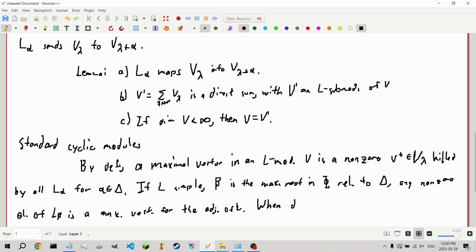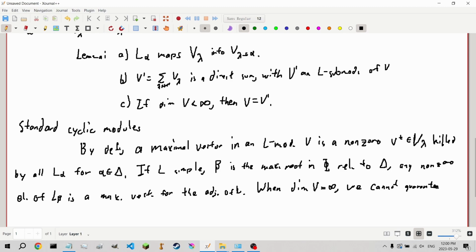When we are in infinite dimensions, we cannot guarantee maximal vectors. Maximal vectors, as you can always just keep going higher, I think is the idea here.